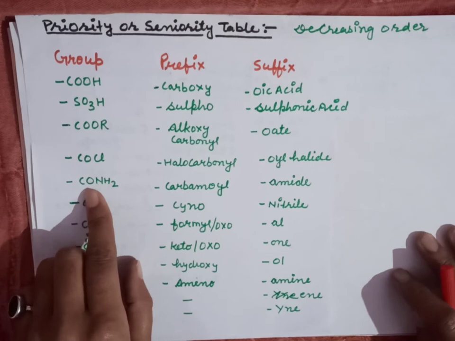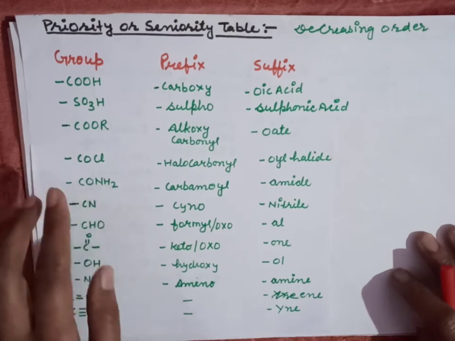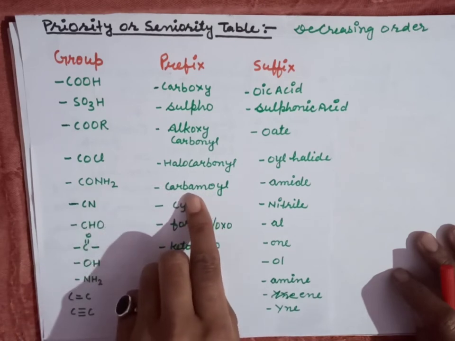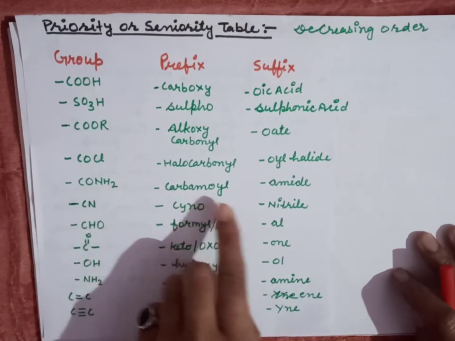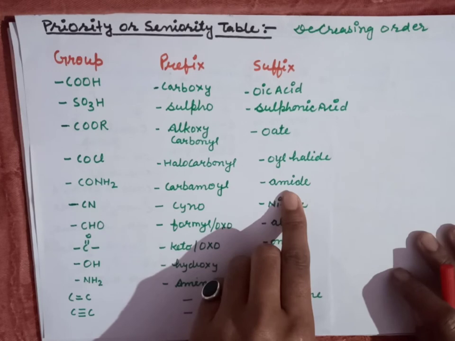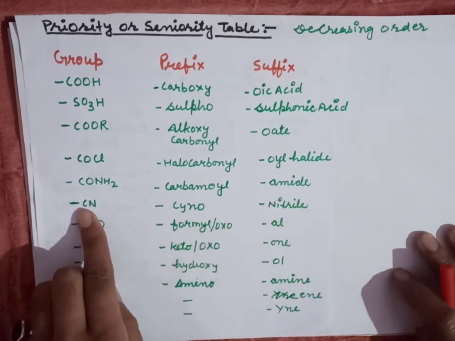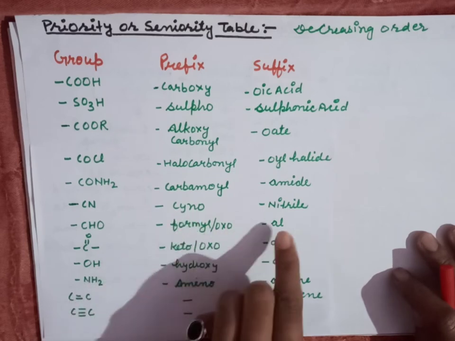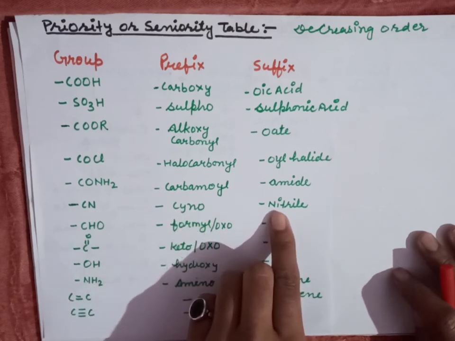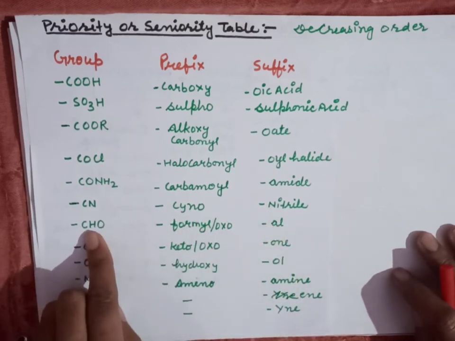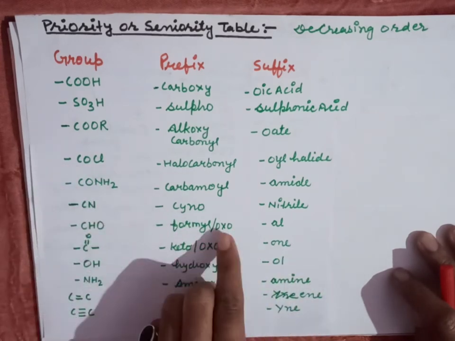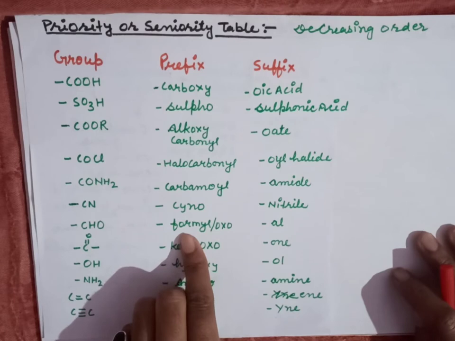Next one is carbamoyl, it is amide. As a prefix it is carbamoyl and as a suffix it is amide. Cyanide is used as a cyano prefix and as a suffix nitrile. This is the aldehyde group. As a prefix you use oxo or formyl.